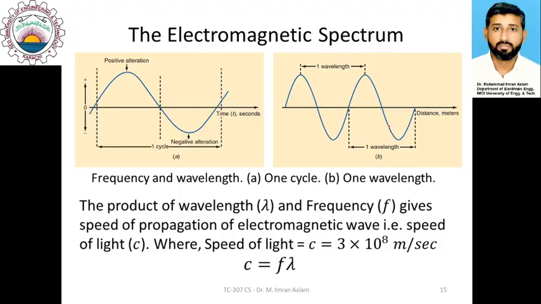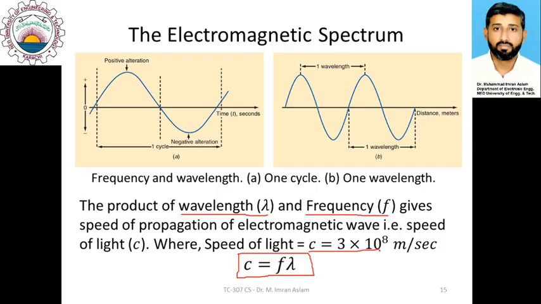There is a simple relationship between wavelength and frequency of an electromagnetic wave, and this relationship is represented by this simple formula: C is equal to F lambda. F is the frequency of the wave, lambda is the wavelength of the wave, and C is the speed of light. Actually, the electromagnetic wave propagates in free space with the speed of light.